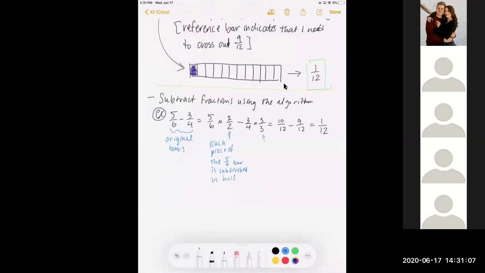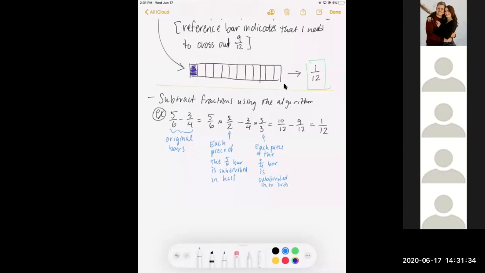And with the 3/3, we multiply that by 3/4 so that each piece of the 3/4 bar is subdivided into thirds. Okay.